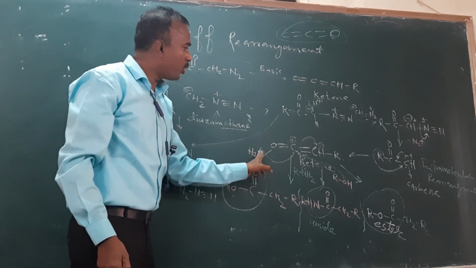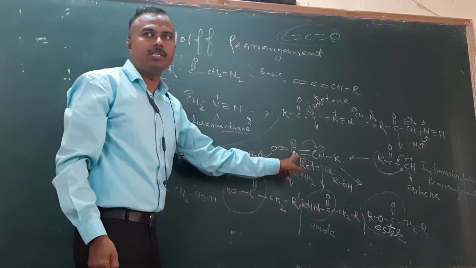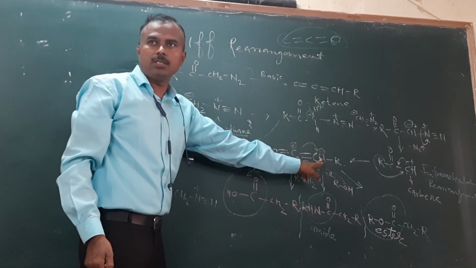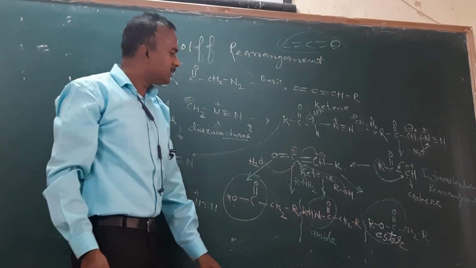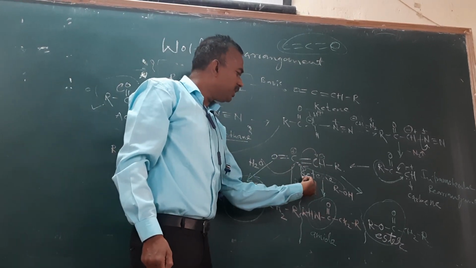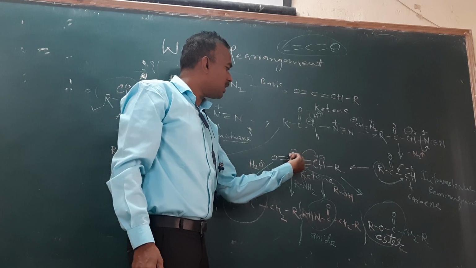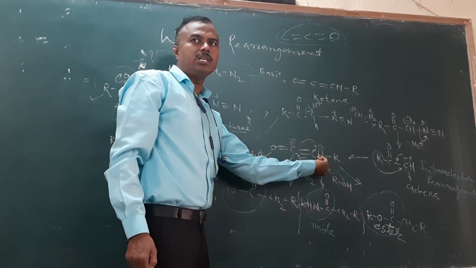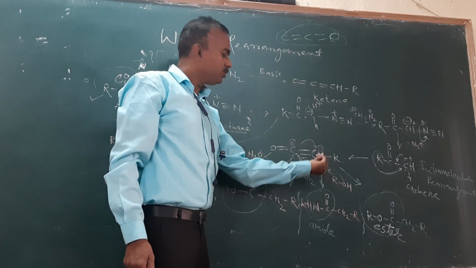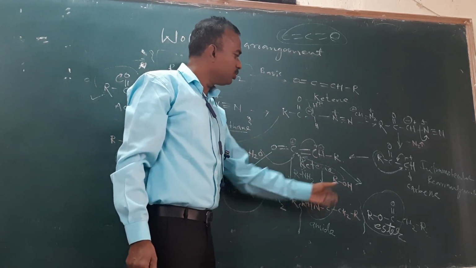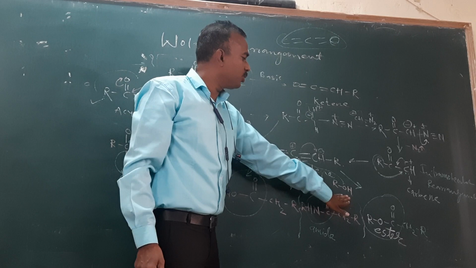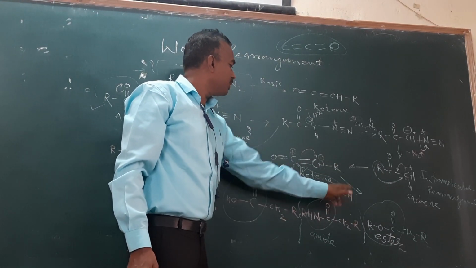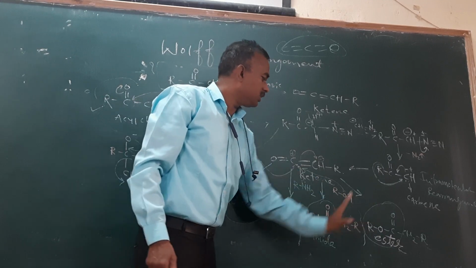Respectively, the OH minus will attach with the carbonyl carbon. H will go to the methyl group. Same way, this amine lone pair will attack on the carbonyl carbon and one H will go toward the CH2. CH becomes CH2. Simultaneously, ROH will attack, and it becomes an ester.